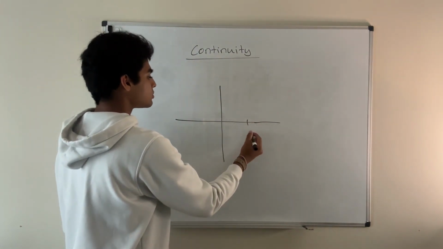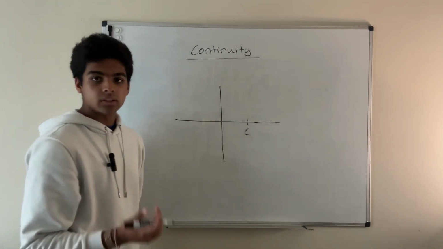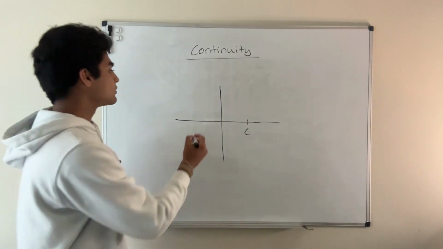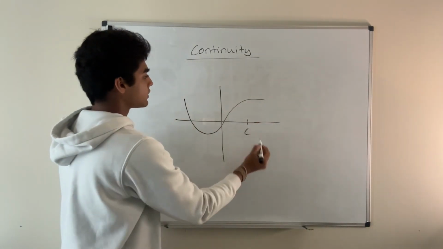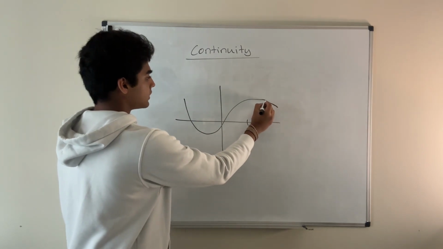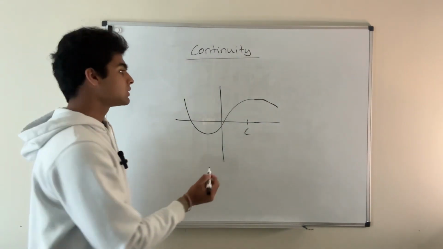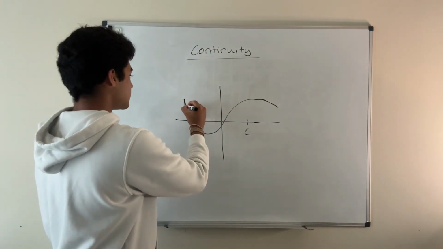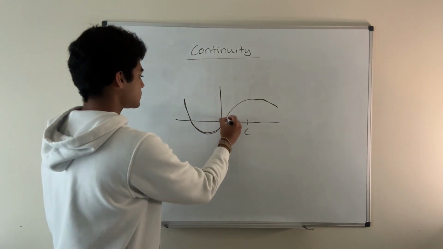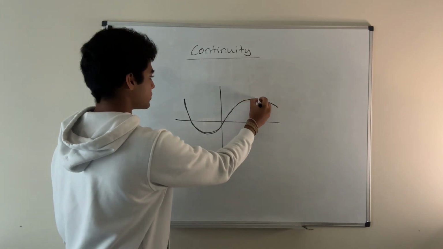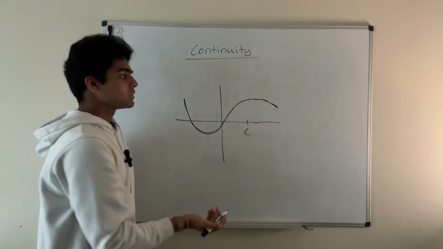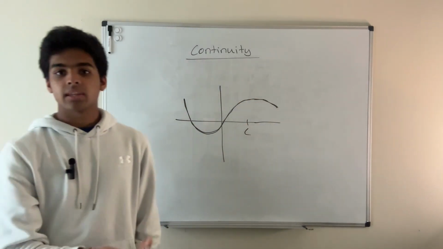So suppose this is the point C, the x value C. And we want to find if this function right here is continuous at the point C. Now you can see that I just drew that function and I did not pick up my marker once, even when I went through C. So that means the function is continuous at that point.